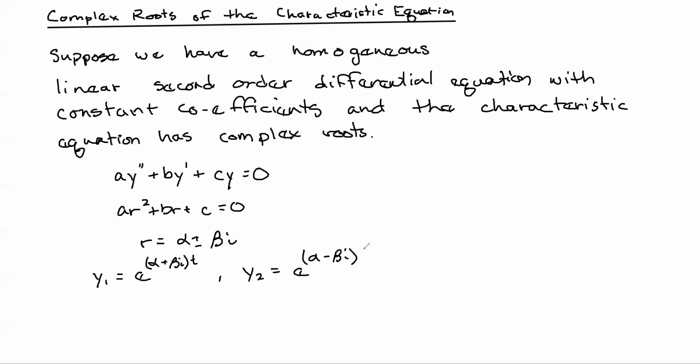Okay, and so if you just take the two roots that you end up with in the characteristic equation and pop them in as exponents, that still will work. If we took these and plugged them into the differential equation, it would give you a true statement. However, the problem is that we started with a differential equation that was defined for real numbers, and we ended up with solutions that have complex numbers in them. And so we would really like to find a way to convert those.